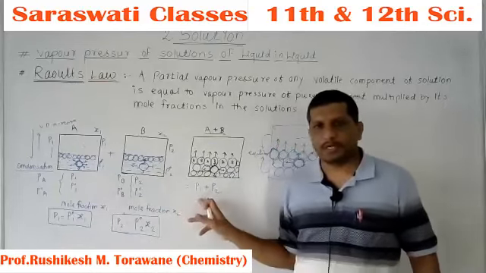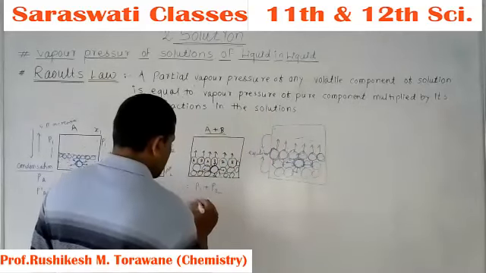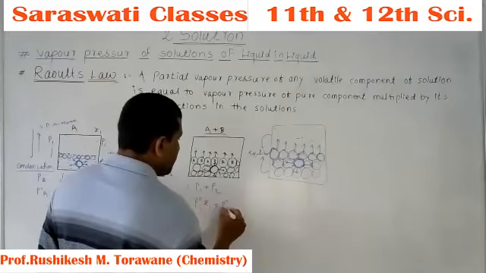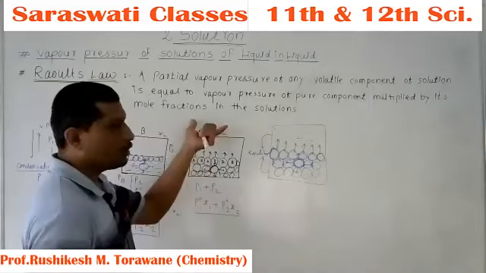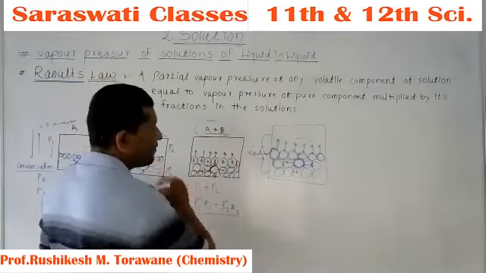Put this value here: P naught 1 X1 plus P naught 2 X2. This is the total vapor pressure of the components of A and B.